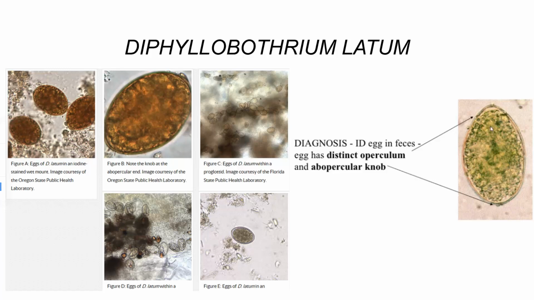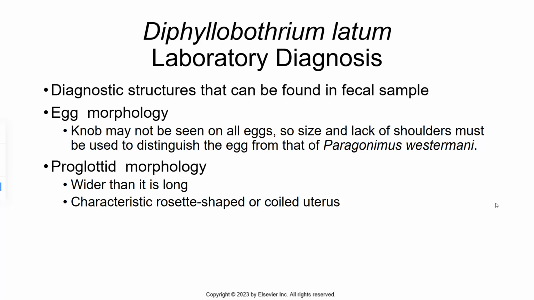This is kind of like an opening where the larva will emerge from. So you can see that at the top and this at the bottom. The knob may not be seen on all eggs, so the size and lack of shoulders must be used to distinguish the egg from Paragonimus westermani.